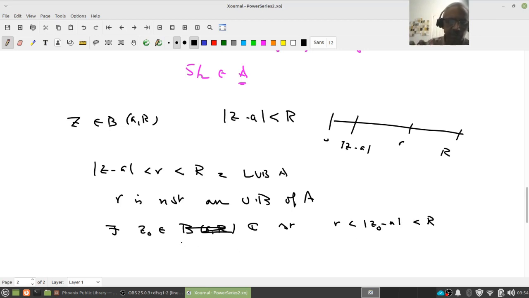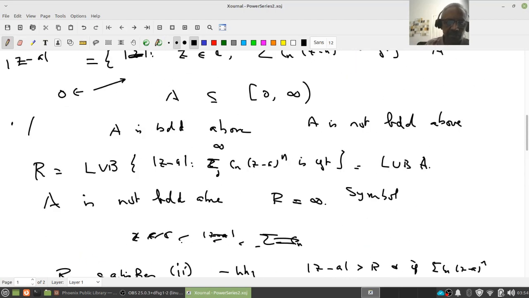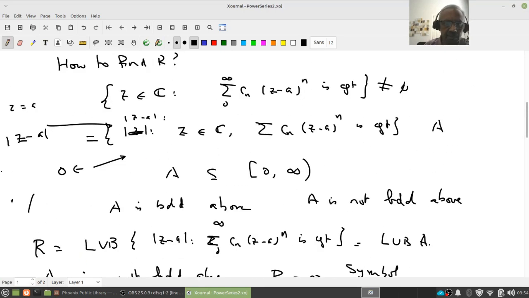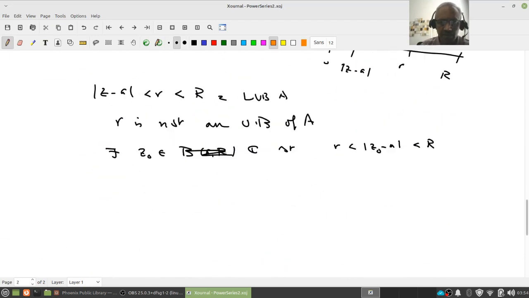Remember, r is not an upper bound of A, that means there is an element here, some z naught in C, so then mod z naught minus a is greater than r. Is that clear? Okay, good.